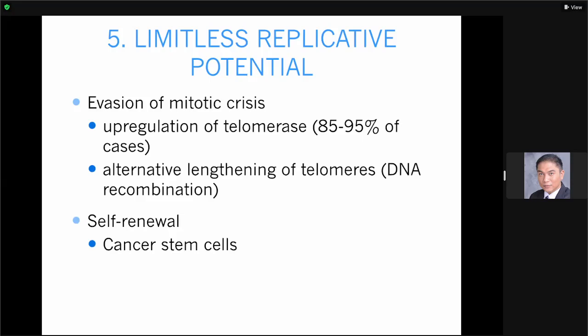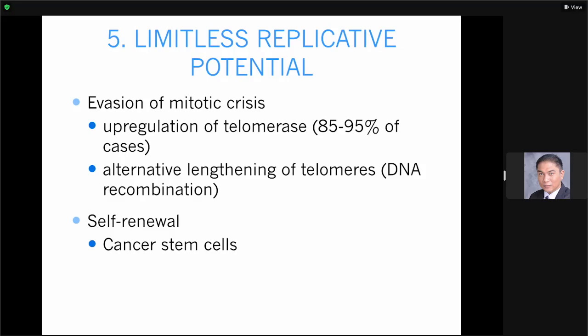To have limitless replicative potential too, we have to evade mitotic crisis. The problem kasi is, gusto natin mag-proliferate yung cell. But continuous proliferation may also lead to cell death because of mitotic crisis. Paano mapipigilan ang mitotic crisis? Kasi with continuous mitosis, you lose nucleotides sa terminal ends ng chromatin.